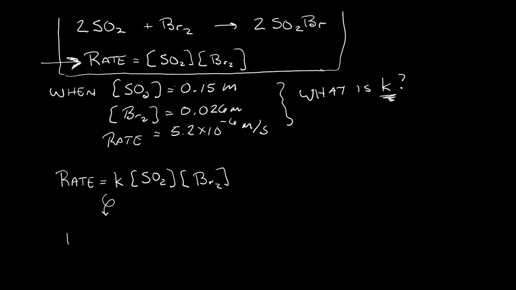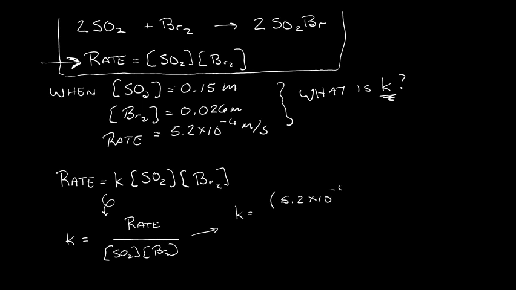So algebraically, if we redo that, we get K equals rate divided by concentration of SO2 divided by the concentration of bromine. And then we just plug in the values that we've got here.